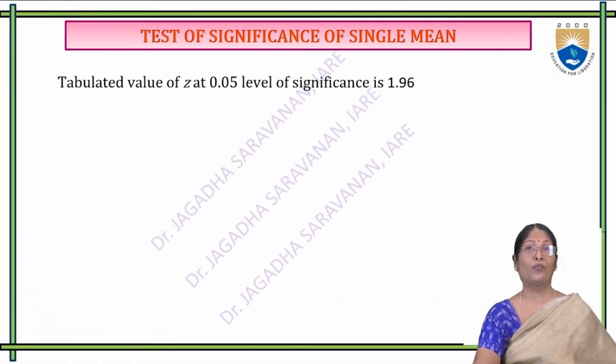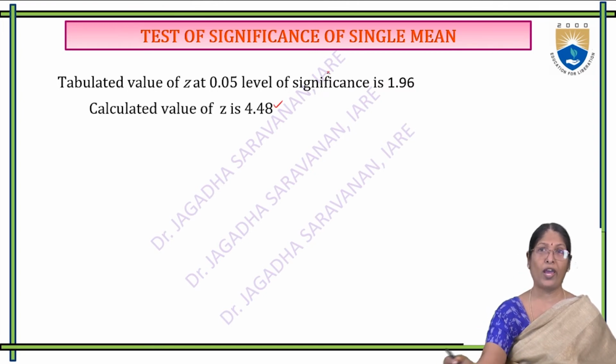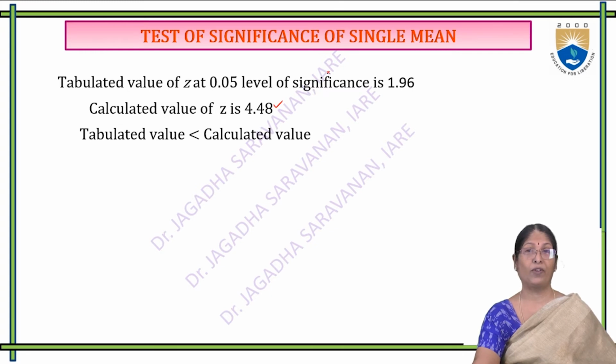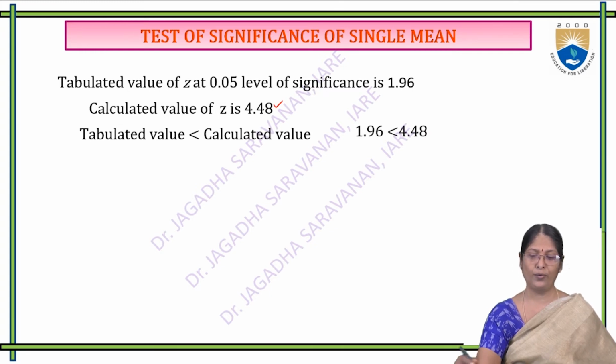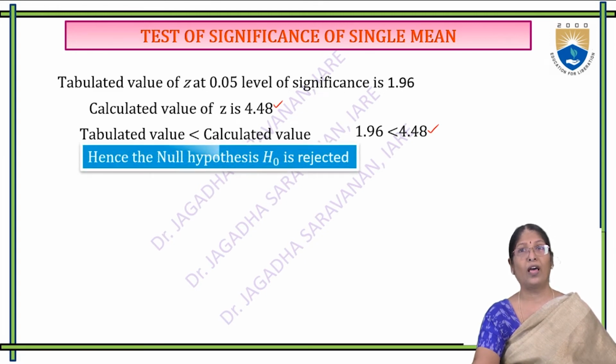So the steps are very, very important. In problem solving, we should not skip any steps. The tabulated value of z at 0.05 level of significance is 1.96. The calculated value of z is 4.48, and the tabulated value is less than the calculated value, that is 1.96 is less than 4.48. So the null hypothesis is rejected.